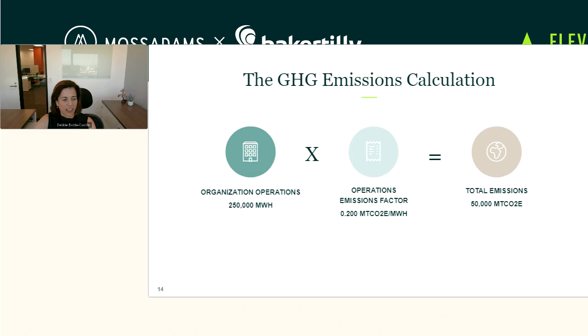The defined gases that we're concerned about are not just carbon dioxide. That's where you see the CO2e, which is carbon dioxide equivalents, and it includes a number of defined gases within the protocols: carbon dioxide, methane, nitrous oxide. That's all called out in the accounting protocols. But that gets us to that final number, that total emissions number that we are going to be reporting.